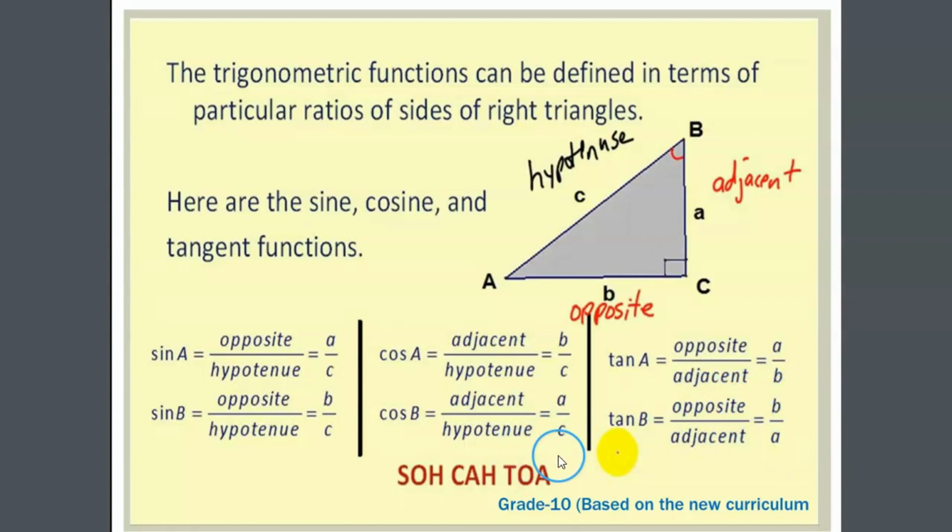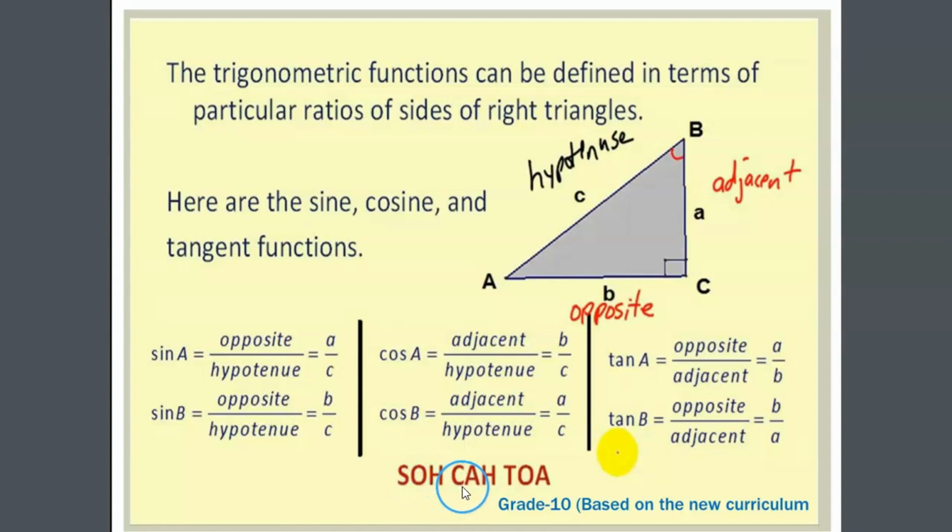So we can easily remind ourselves of the formulas for sine, cosine and tangent just by this relation. For sine, it is opposite over hypotenuse.